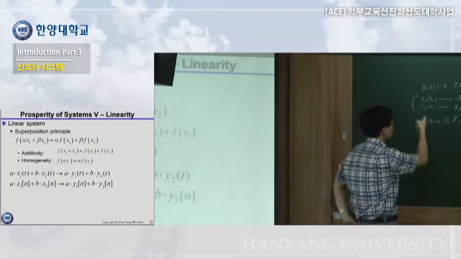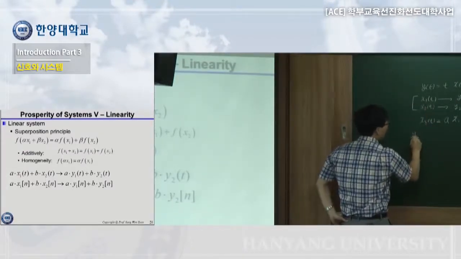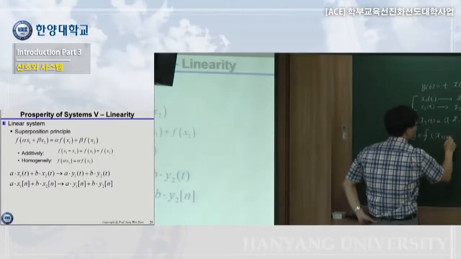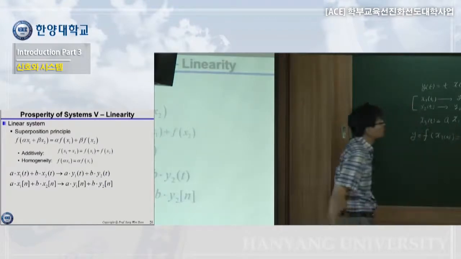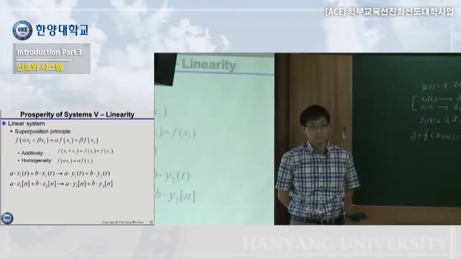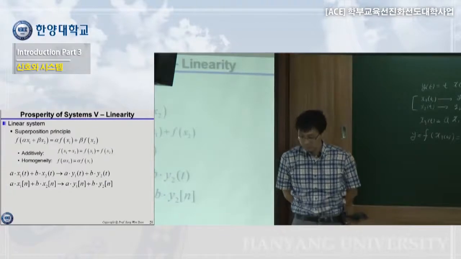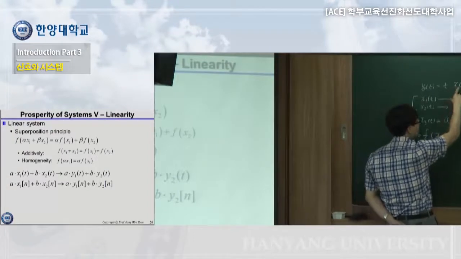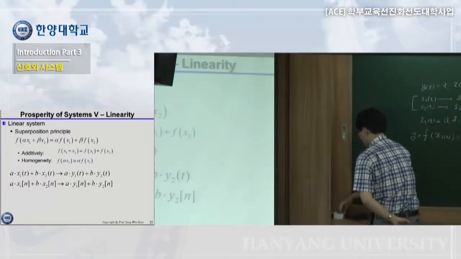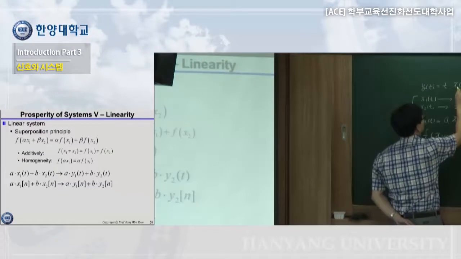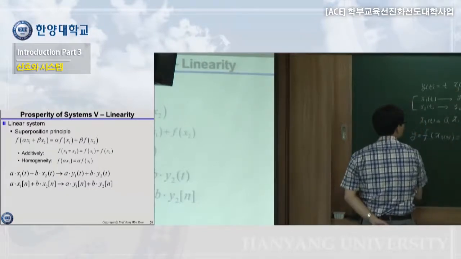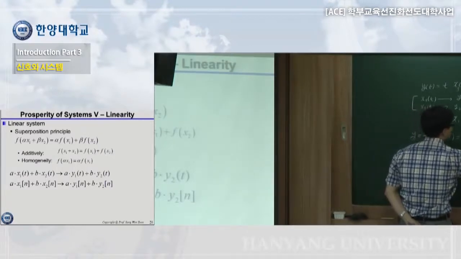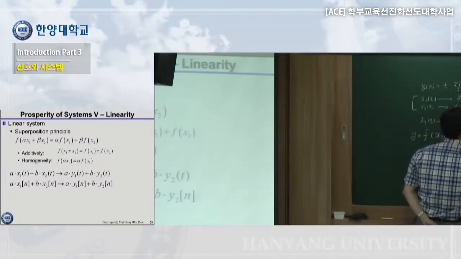We apply x3 in place of x, so the output will be t times (A x1 plus B x2).